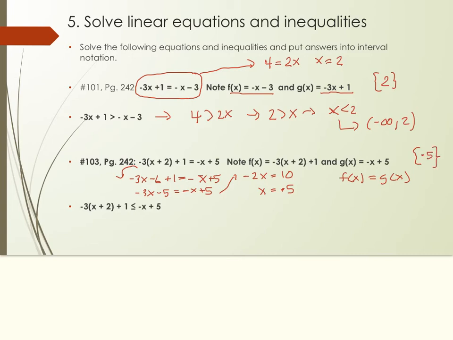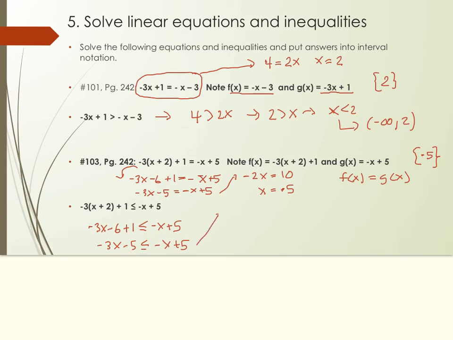Now in our inequality, we're going to have the same setup, and we do the same ideas. We distribute, and we get negative 3x minus 6 plus 1 is less than or equal to negative x plus 5. Again, we get negative 3x minus 5 is less than or equal to negative x plus 5.